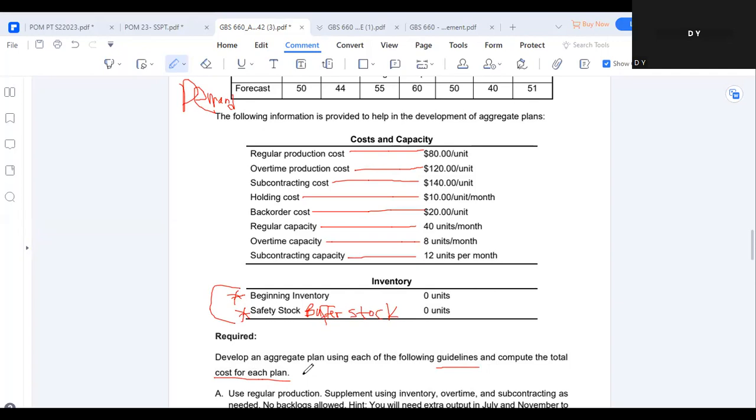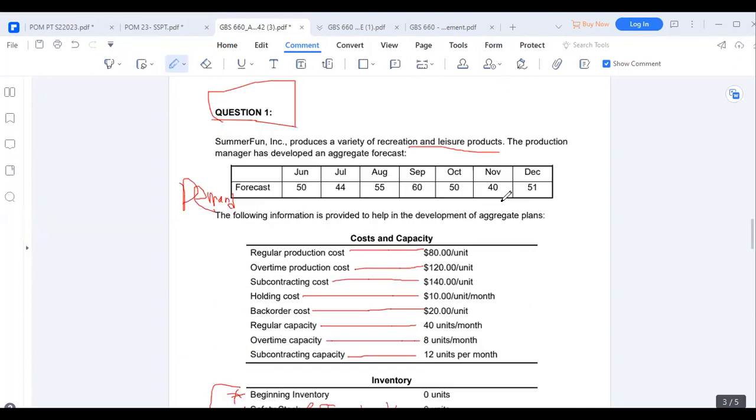So getting down to this question, this one we know is on aggregate planning. Aggregate planning is the planning that deals with production, the number of workers required in production, the production units required, and anything else.